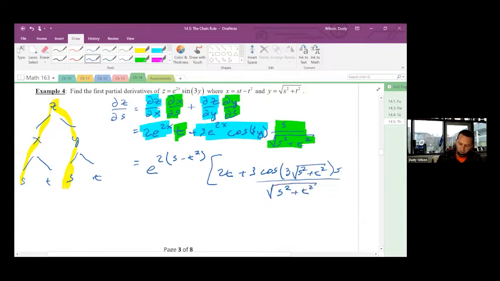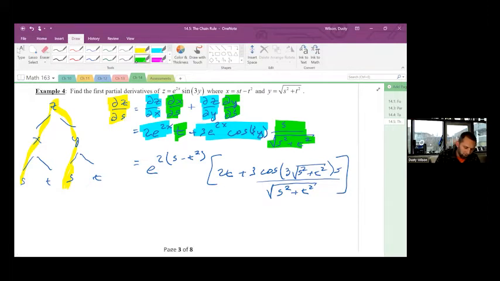Notice that term does not cancel, because the one in the numerator is inside the cosine, the other one is in the denominator. So this is our yellow partial derivative of z with respect to s.